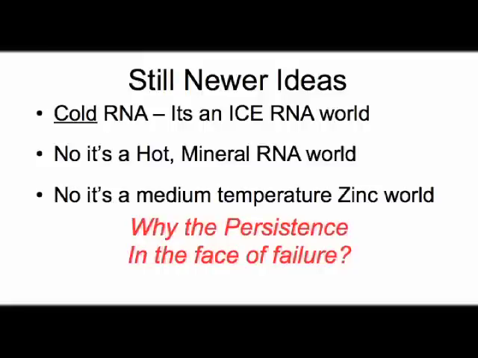You take the surface of minerals in a hot environment, and that can take these different parts and stick them together to polymerize these different nucleotides, et cetera. The third group says, no, it's a medium temperature environment, and it's mostly made of zinc. In other words, it's an ion catalyzed kind of world.